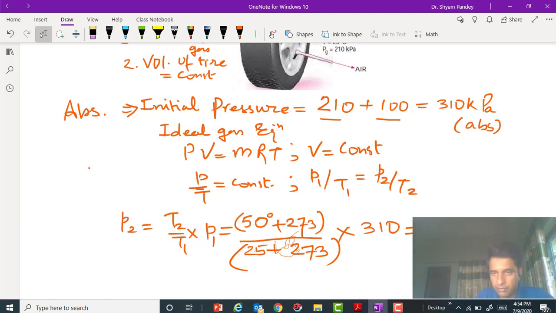So the value coming here is 336 kilopascal.